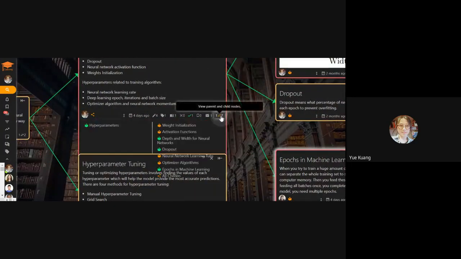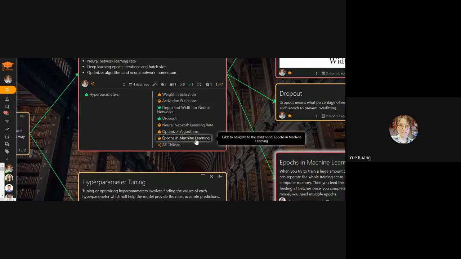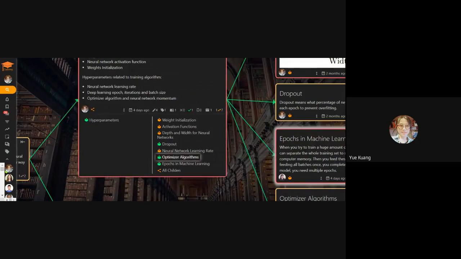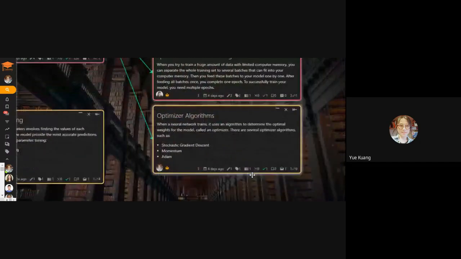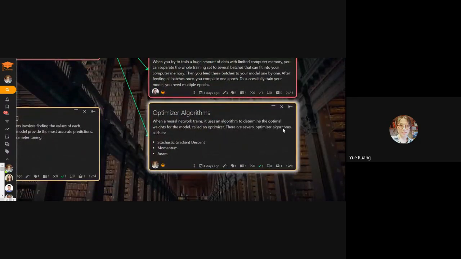And the last one would be the optimizer algorithms. When a neural network trains, it uses an algorithm to determine the optimal weights for the model, called an optimizer. There are several optimizer algorithms, such as stochastic gradient descent, momentum, and Adam.